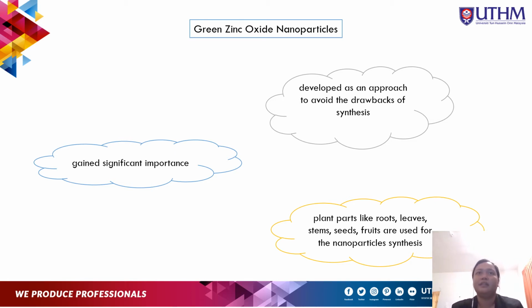In green synthesis, plant parts like roots, leaves, stems, seeds, and fruits are used for nanoparticle synthesis as the extract is rich in phytochemicals, for instance polysaccharides, polyphenolic compounds, vitamins, amino acids, alkaloids, and terpenoids, which act as both reducing and capping agents. Plants are so preferred because they lead to large-scale production of stable nanoparticles, varied in shape and size.